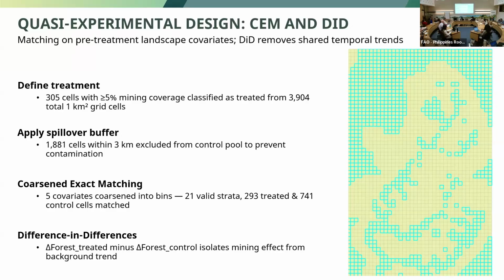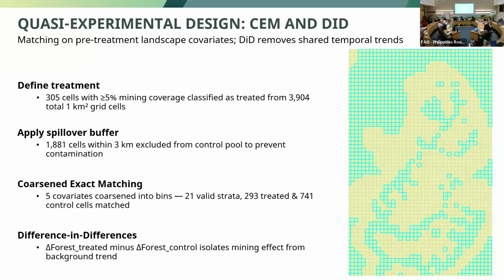I must say the whole area was tessellated into a 1 kilometer by 1 kilometer grid and superimposed over the study area. 305 out of the 3,900 total 1 kilometer by 1 kilometer grid cells were treated.